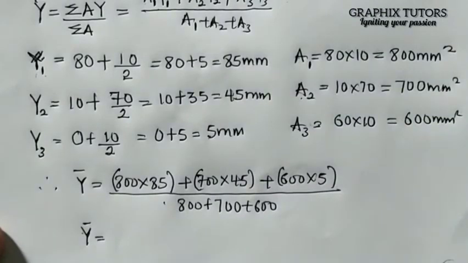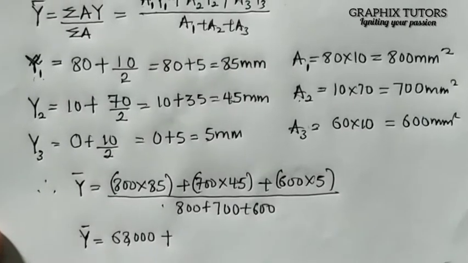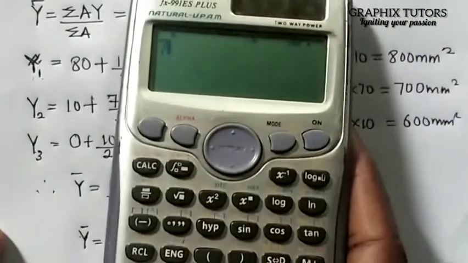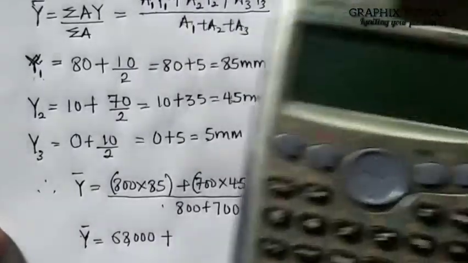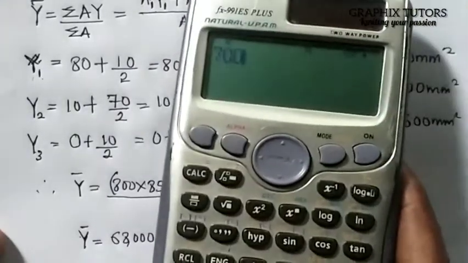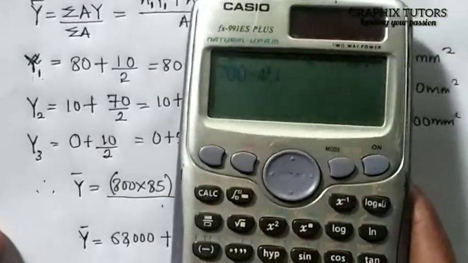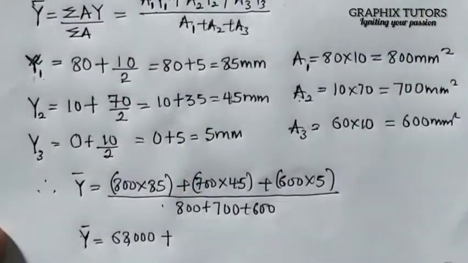So I'm having 68,000 here, plus 700 multiplied by 45, which is 31,500. So I have 31,500 plus 600 times 5, that is 3,000.